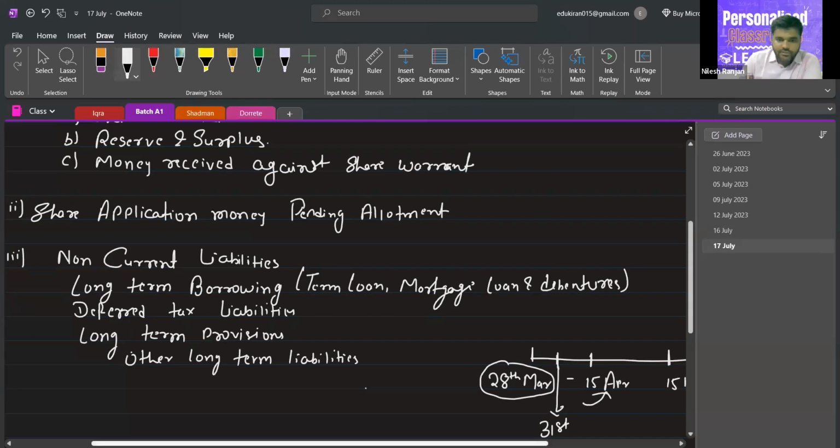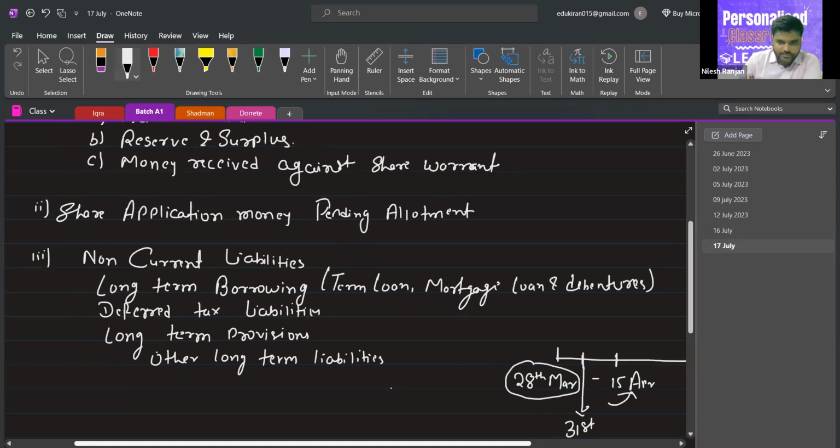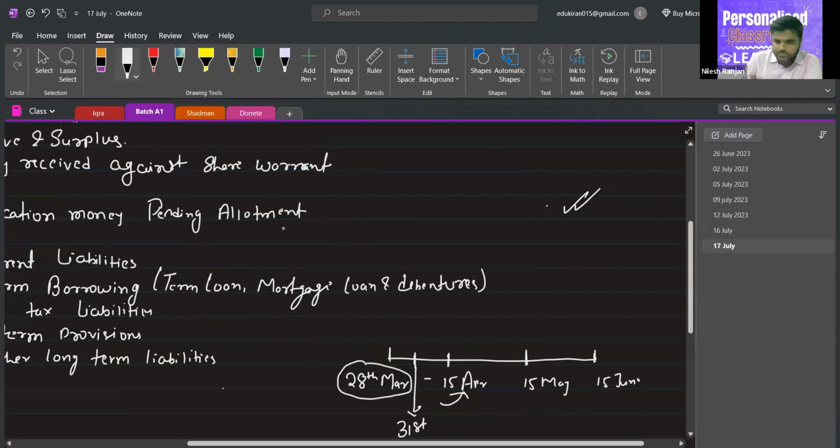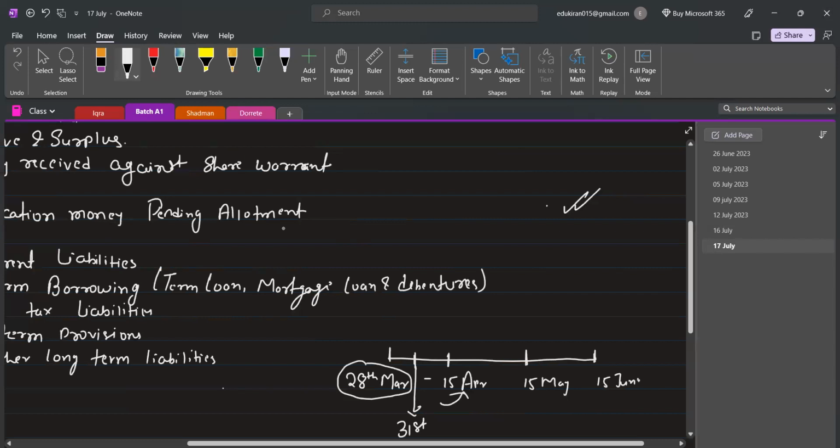And what is deferred tax liabilities? You know what is deferred tax liabilities?